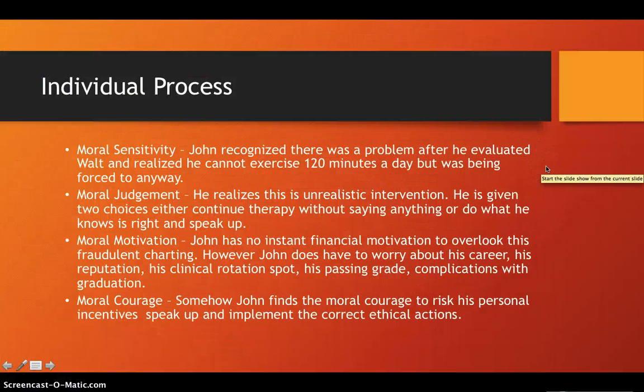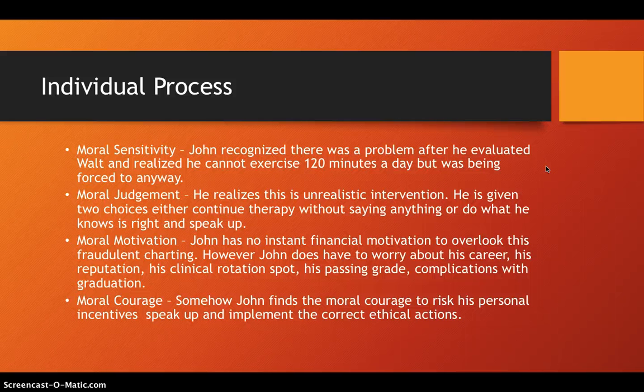Now we want to move on to the individual process. Again, we're looking at it through John's perspective. We want to go down through sensitivity, judgment, motivation, and courage. John recognizes that there was a problem after he evaluated Walt and realized that Walt is not able to exercise 120 minutes a day.